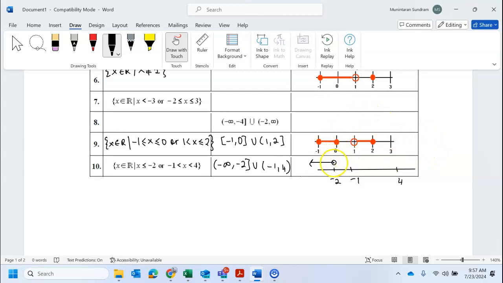Sorry, -2 is inclusive, so it should be shaded. -1 is non-inclusive, so it should be an empty bubble. Similarly 4 is also non-inclusive, so an empty bubble, and the line. Okay.